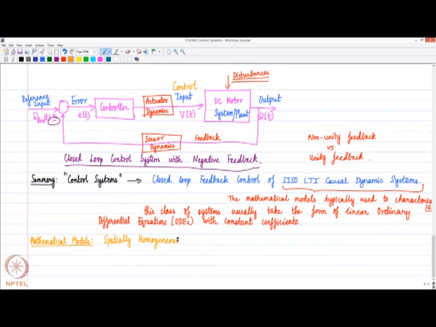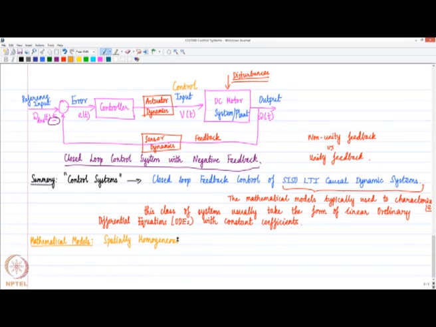So in a certain sense, what we are doing is lumping the effects as far as spatial variation is concerned, and we assume that the entire room can be characterized by a single temperature, which is only a function of time. So spatially homogeneous means we are essentially following a lumped parameter approach towards modeling.